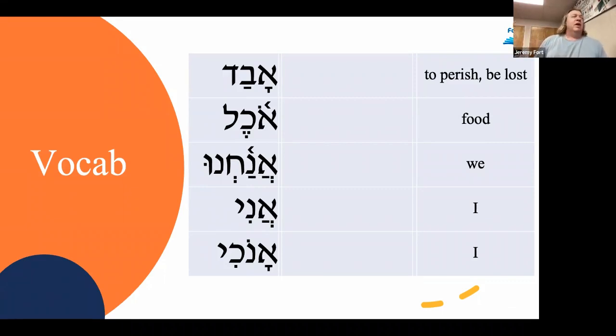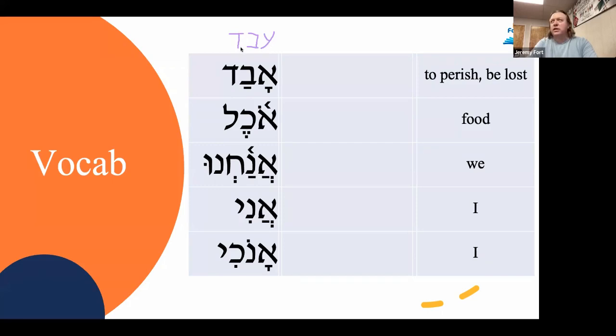Good job. All right, first one, avad. Now, have you had another word that sounds similar to that? It might be spelled this way with an ayin. You might have seen it as eved, rendered as servant or slave.